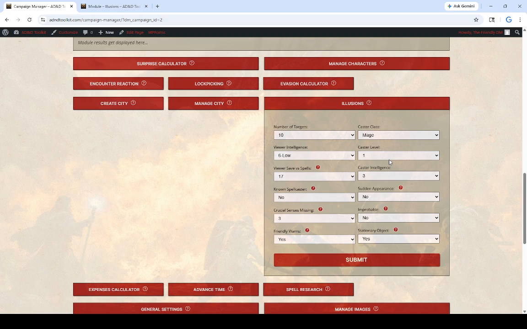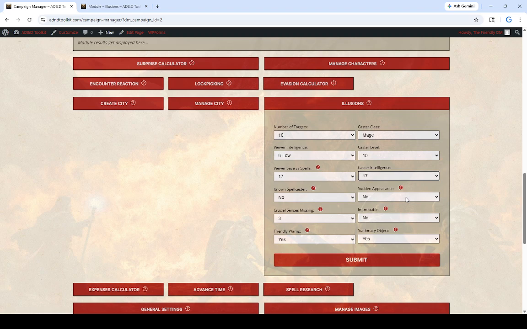A thief casting a phantasmal force from a scroll is not going to be effective, not going to have as good quality to their illusion as a true illusionist would. And so that will make a difference. The class of the caster, level. Again, the higher the level of the caster, a 10th level illusionist will have much better image quality than a low level. Caster intelligence, again, will improve that quality.